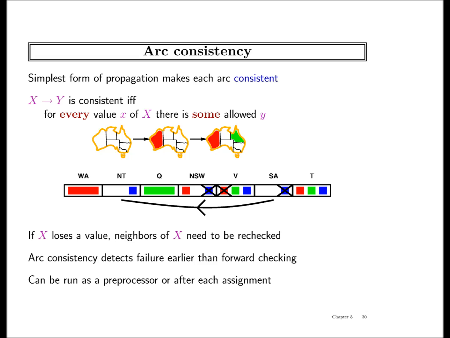As soon as we remove a value from x, we have to test its neighbors. Potentially n. Wait, what is n? N is the number of variables. But I thought you need to check only for the constraints, the number of edges, which is C. So in the worst case, the number of edges is n squared.